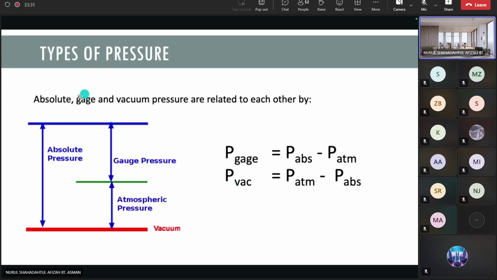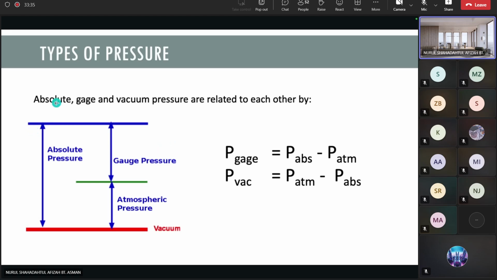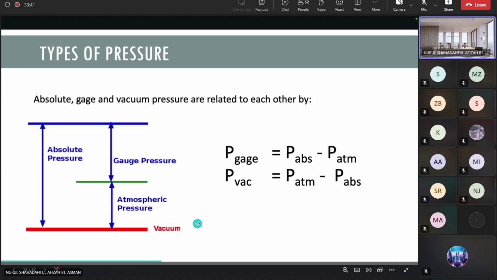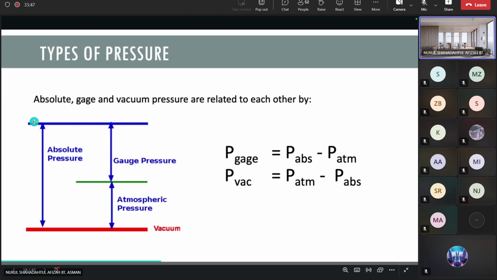So you can see this illustration. Absolute, gauge and vacuum pressure are related to each other. So you can see this from this figure. Gauge pressure is here. So the absolute pressure is the summation of gauge and atmospheric pressure.